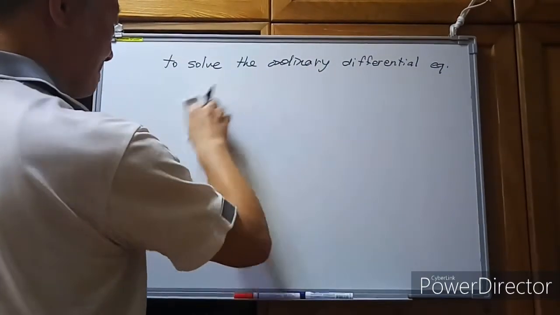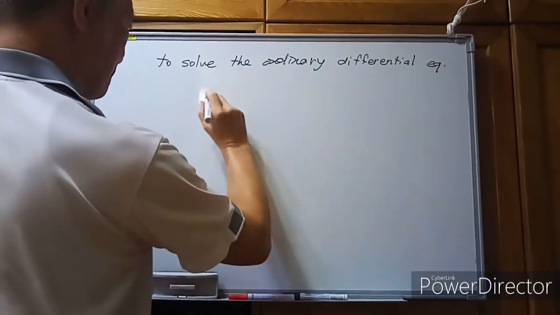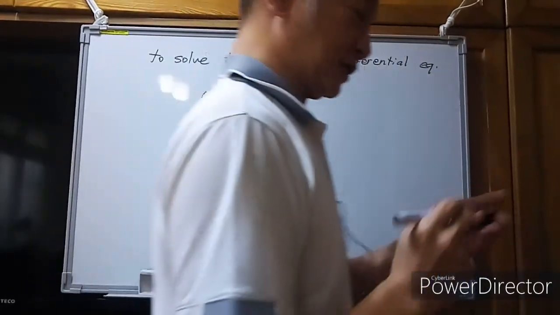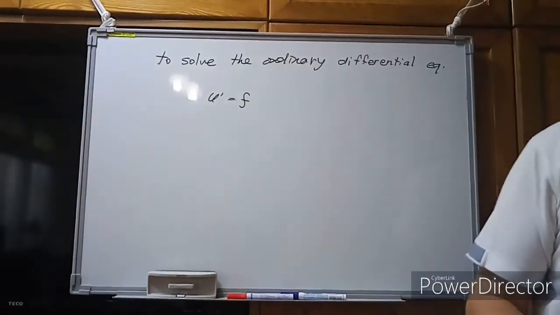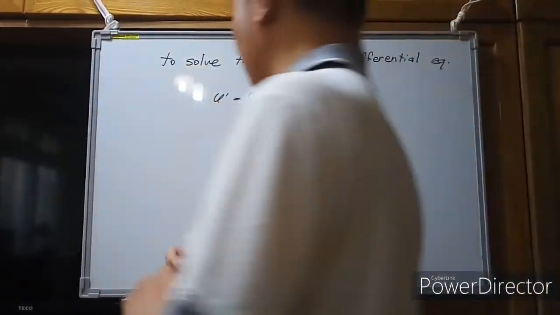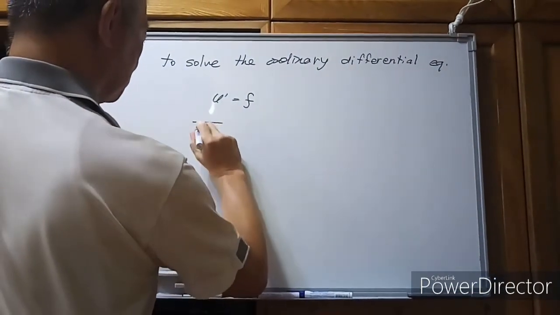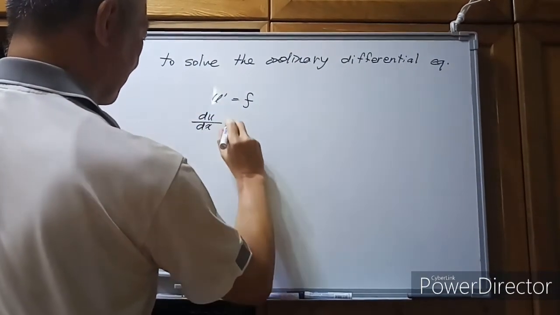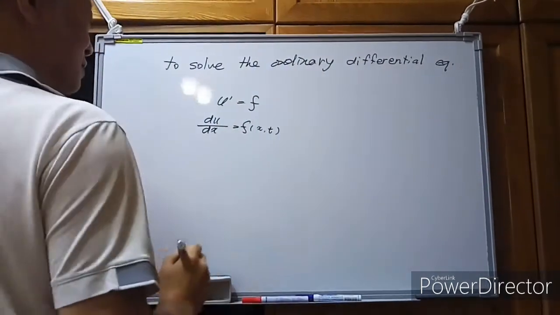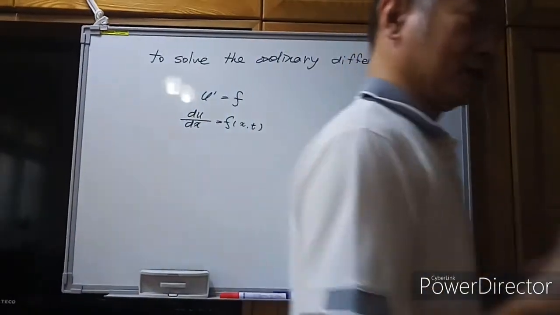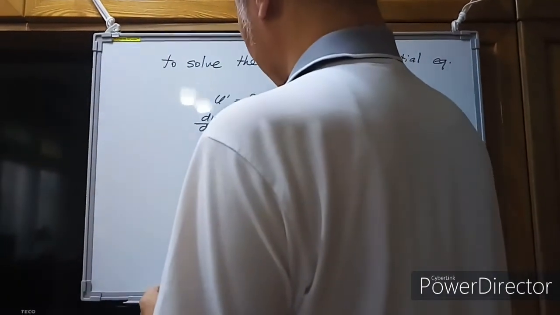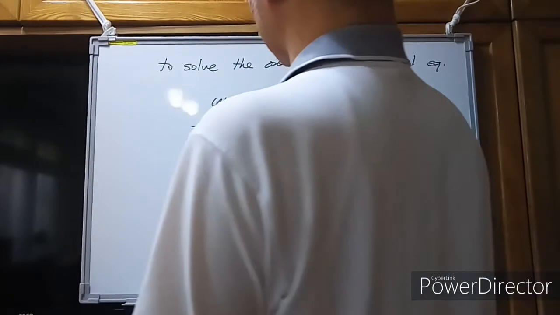Let's say u is the target function, and u prime means the first derivative of the u function.